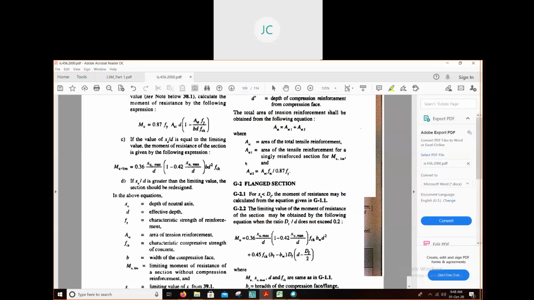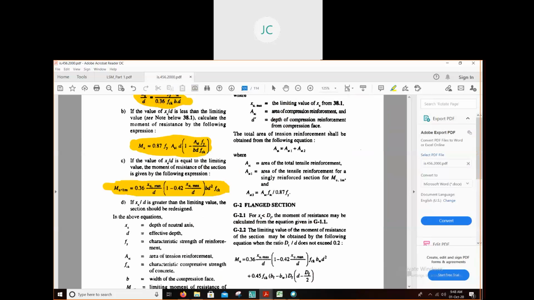Last class I showed you this. All of you again go to clause number 38.1, page number, I think, 70. All of you go to page number 70 again.